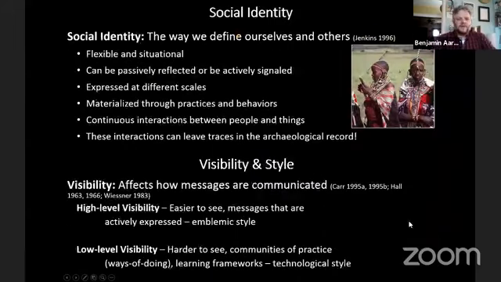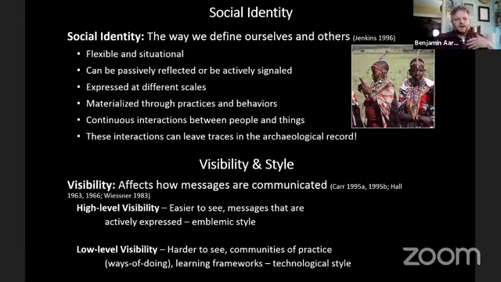Anyway, so without further ado, I'll introduce some of the theories I'm going to be using. Of course, what is social identity? That's something archaeologists, especially in the Southwest, have really been focusing on a lot in the last decade. Basically, it's the way that we define ourselves and others. It's flexible, it's situational.